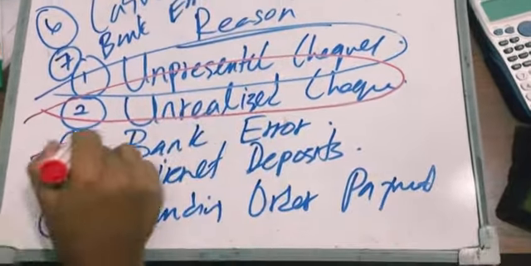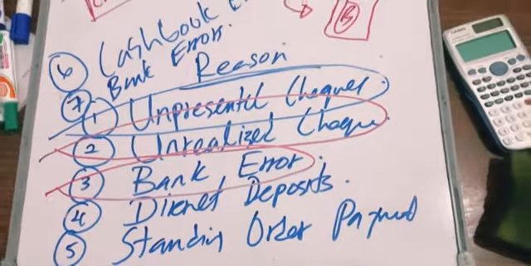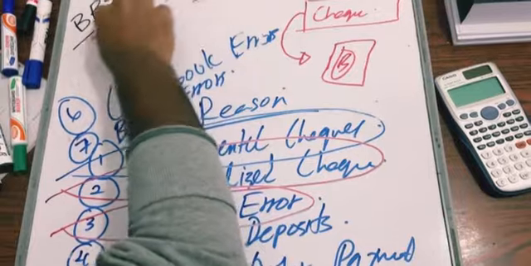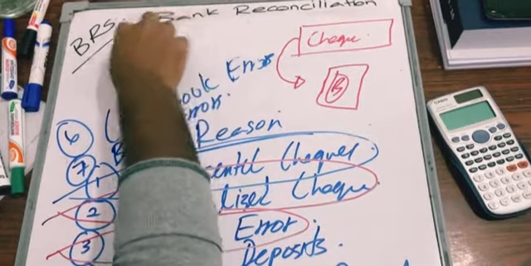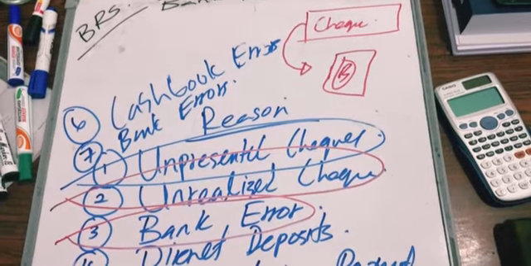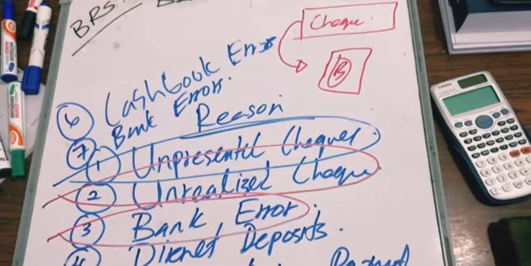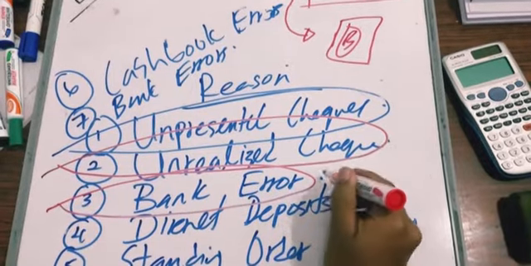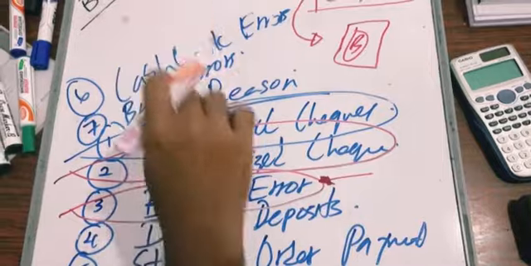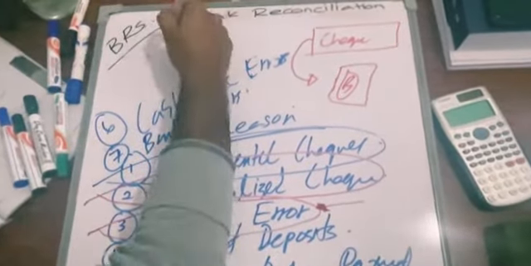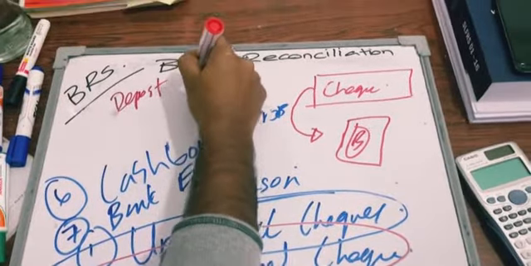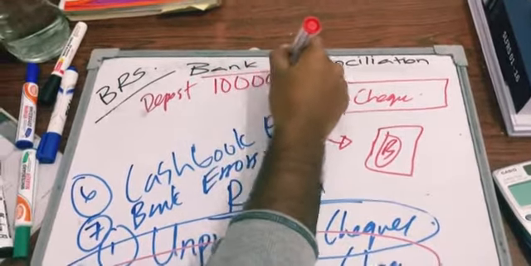Right. Next, bank error. Generally this is not practical, since all banks have their systems automated and they have minimized their errors through automation. So bank error is not a practical reason. We'll see what we mean by bank error. Example, you deposit an amount worth 10,000 rupees.